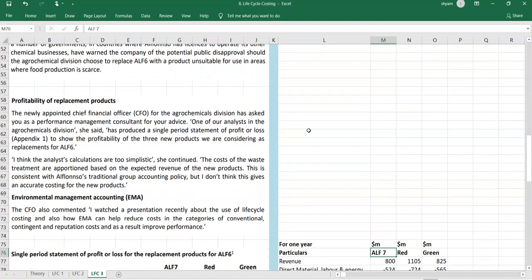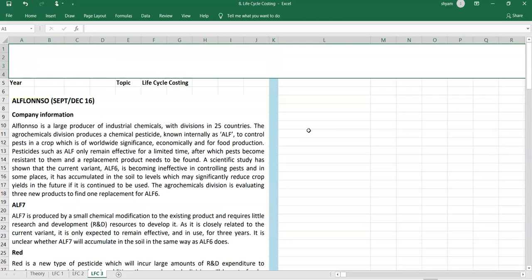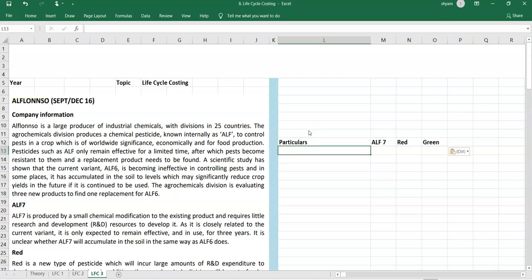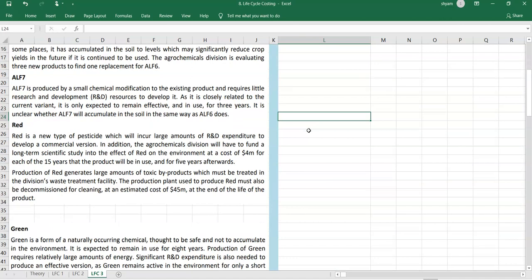So I think we'll take it from here. So we'll put it here. Life of product, it's going to be 3 years for ALF. Let's see for this.